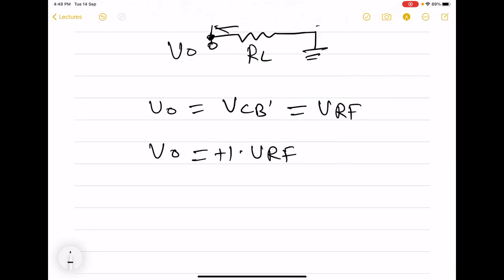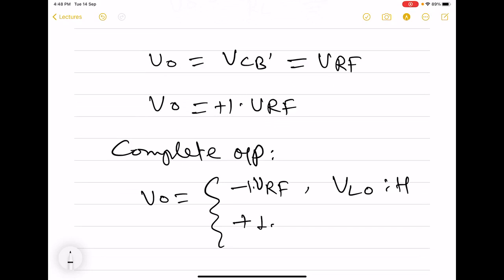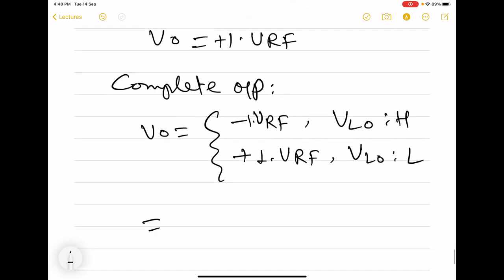So now we can write the complete output. So complete output is minus 1 into VRF for the first half and plus 1 into VRF for the second half. So this output becomes VRF into a square wave between minus 1 and plus 1.